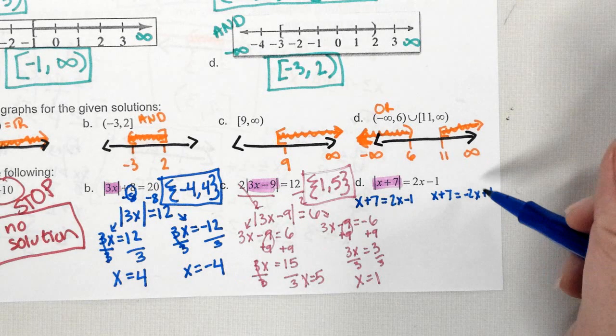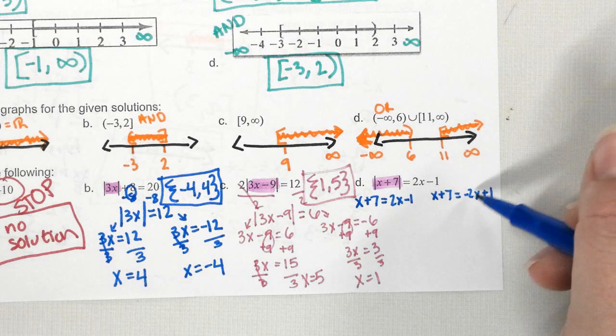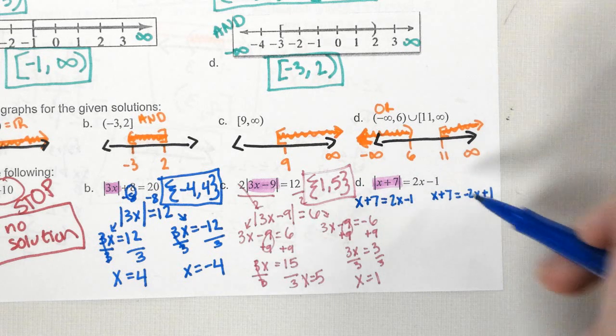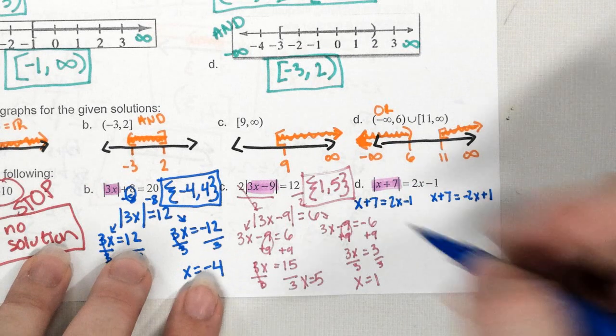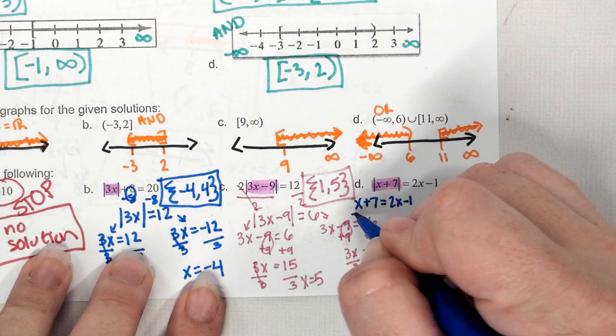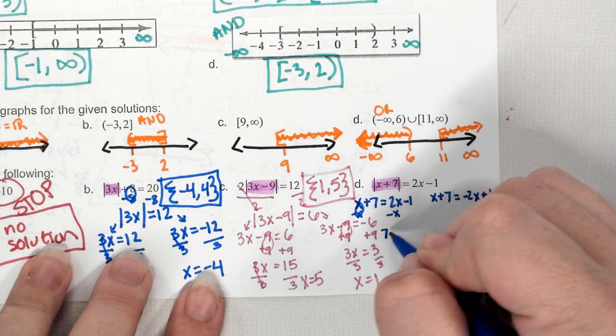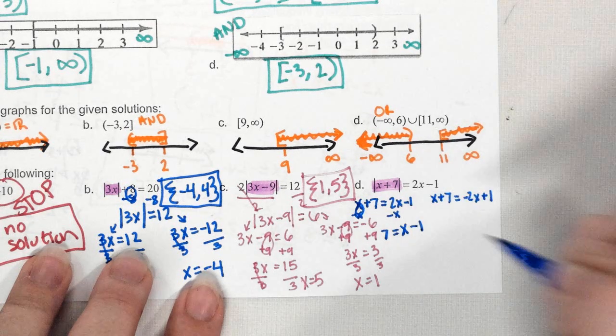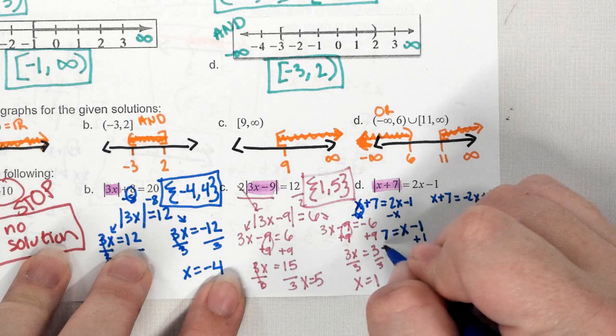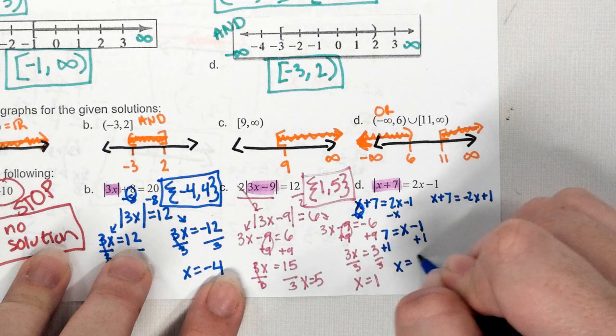So see how everything after this equal sign is opposite? What was positive is now negative. What was negative is now positive. And then I solve both. So I'm going to do minus x, and that gives me 7 equals x minus 1, plus 1, and I get x equals 8.